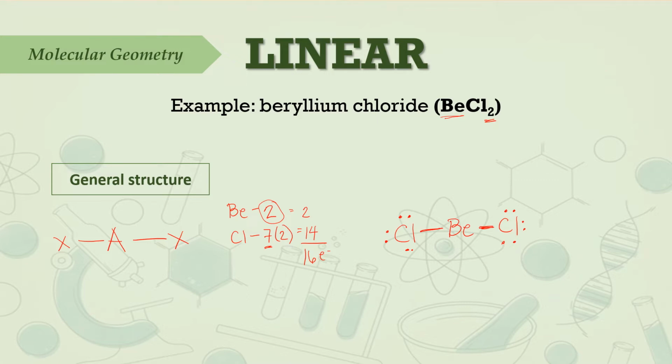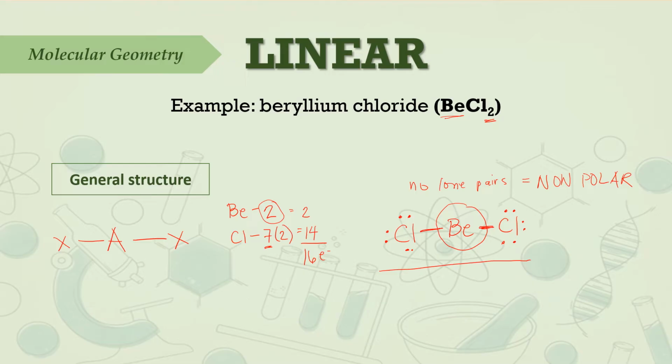Now, how are we going to determine if this molecule is polar or nonpolar? So here's the rule. If the central atom has no lone pairs, then therefore the structure is nonpolar. Okay?